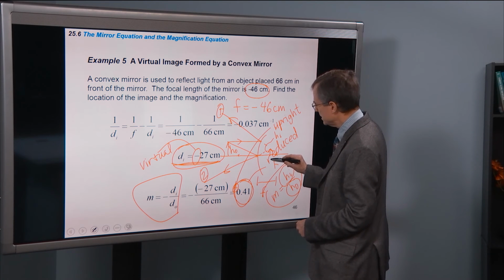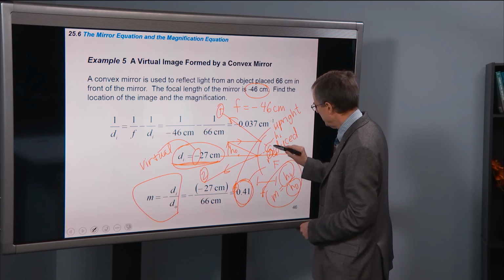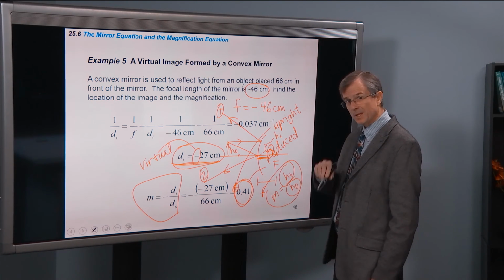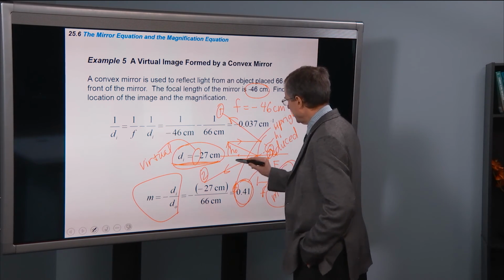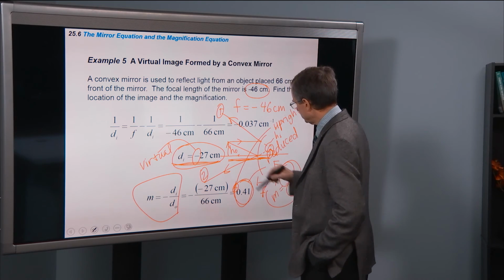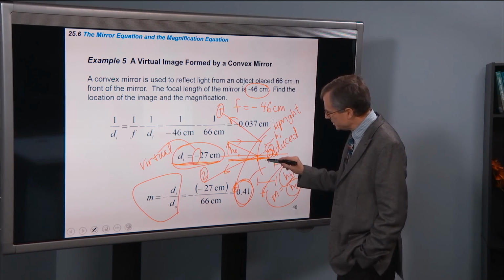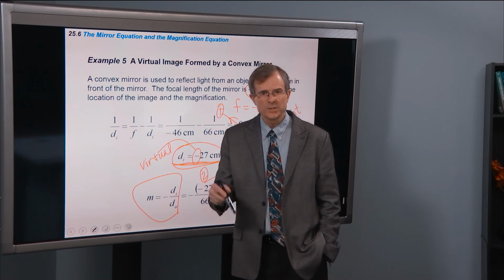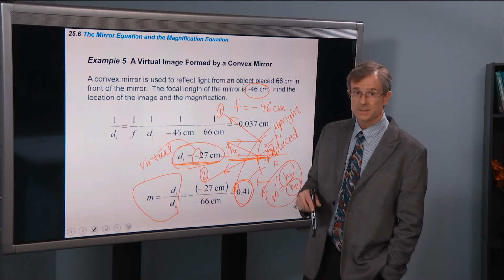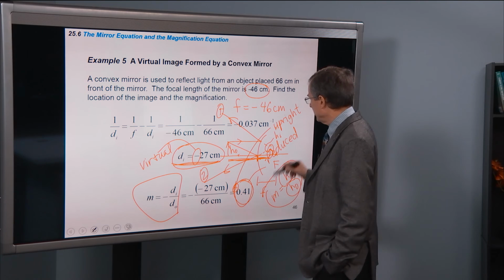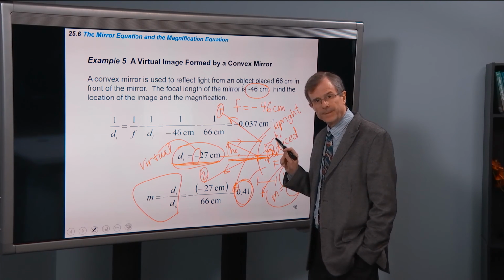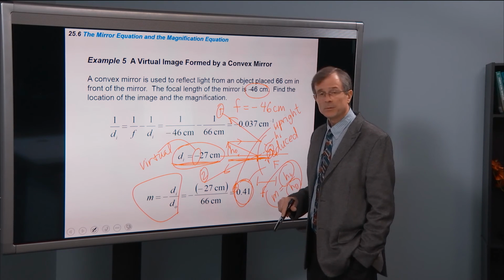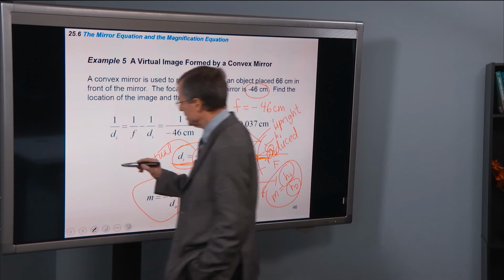That's the distance between the image and the mirror. That distance is less than the object distance. And when the absolute value of the image distance is less than the object distance, then the image is going to be reduced. You can take that one to the bank.